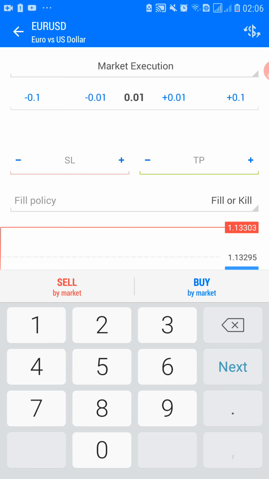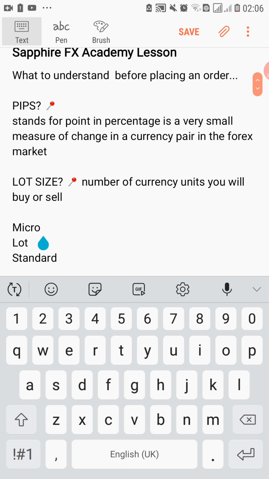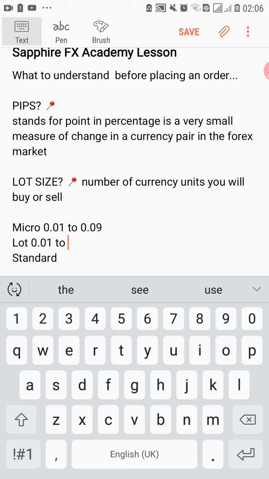Okay, I don't know why it's not working, but this is what we call our micro lot. Our micro lot ranges from 0.01 to 0.09. Then the next part is called a lot. A lot ranges from 0.10 all the way up to 0.99.